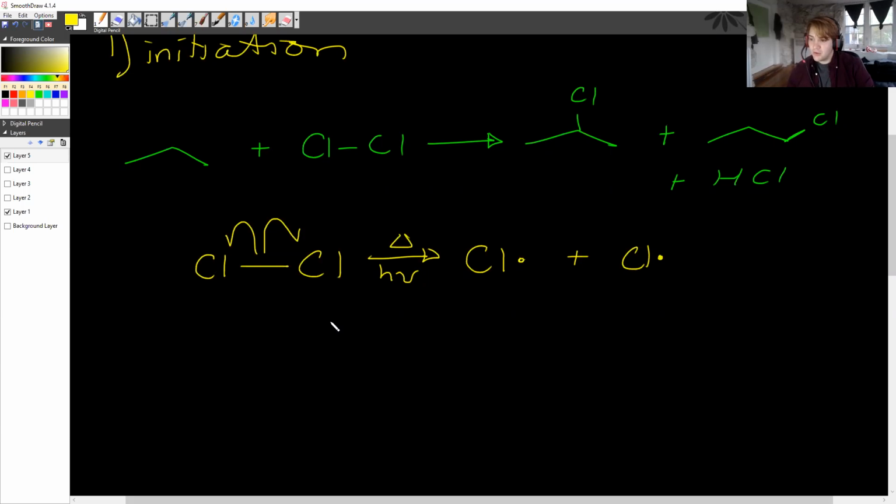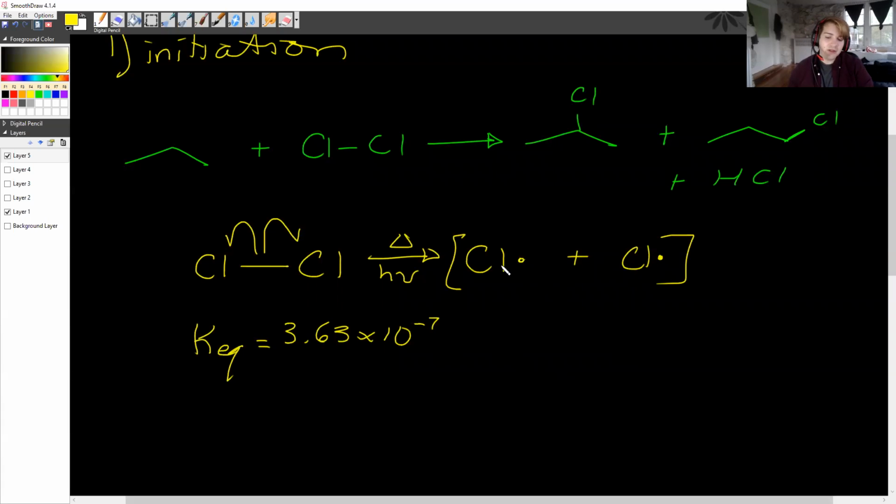What I want you to know is that if we looked at the Keq of this reaction, we'd notice that we have 3.63 times 10 to the negative 7th. This is wildly unfavored. The best way of saying it is that it's favored at high temperatures, but the concentration of the chlorine radicals is really, really low.